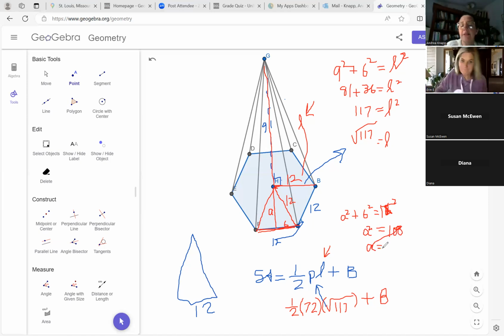So now we have to think, are there any perfect square factors of 108?